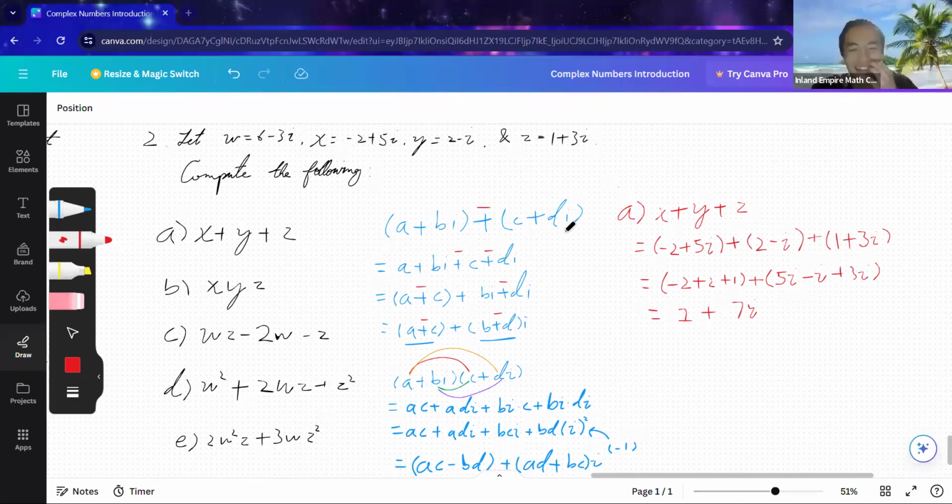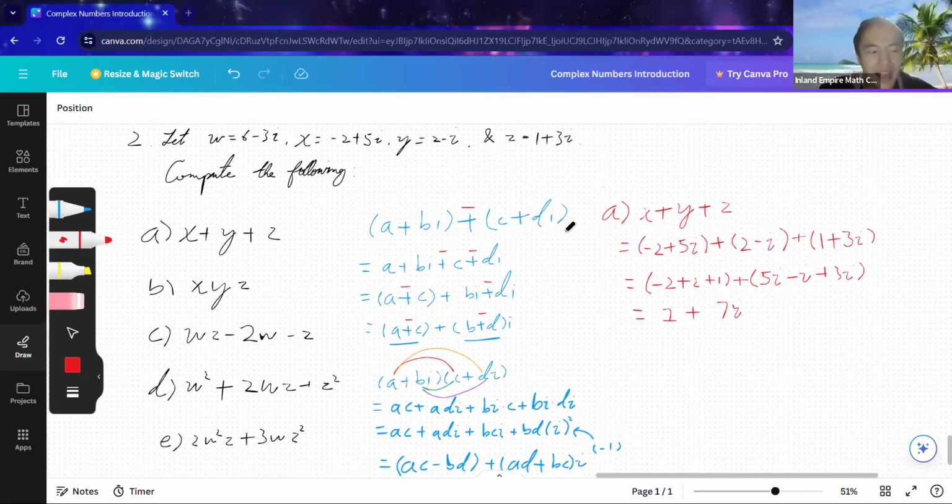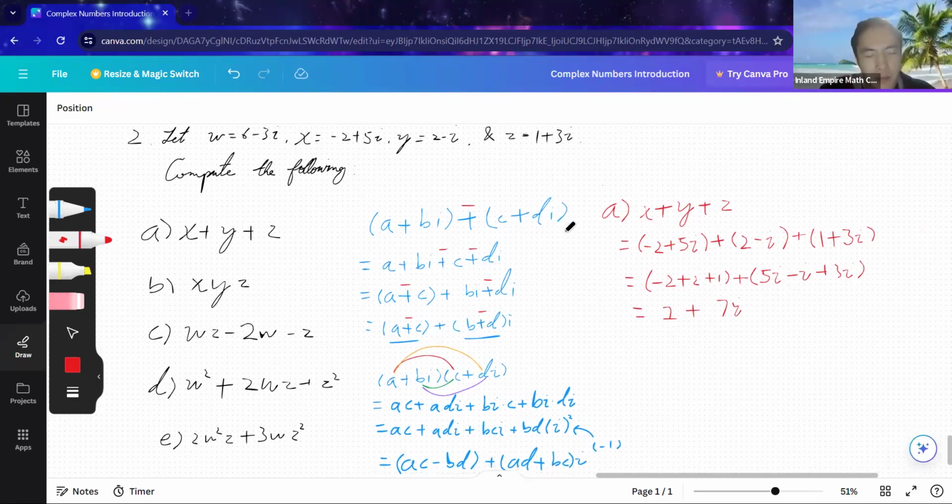Jasper was doing part B. Why don't we do part C first, and then we'll go to part B, because part B is multiplying three terms together, which might be more complicated. So let's work on part C to build up to part B. Good job, Jasper. You're doing great. You're getting it.